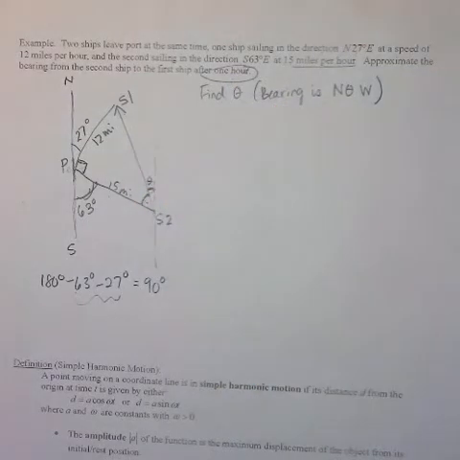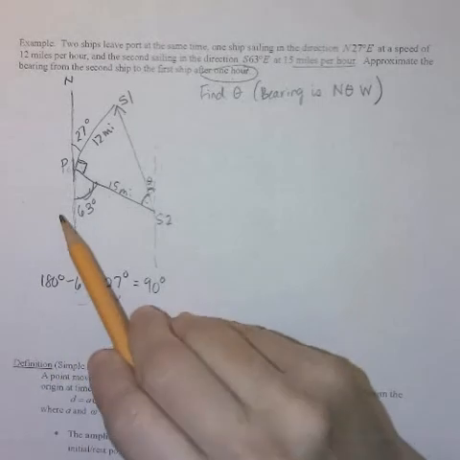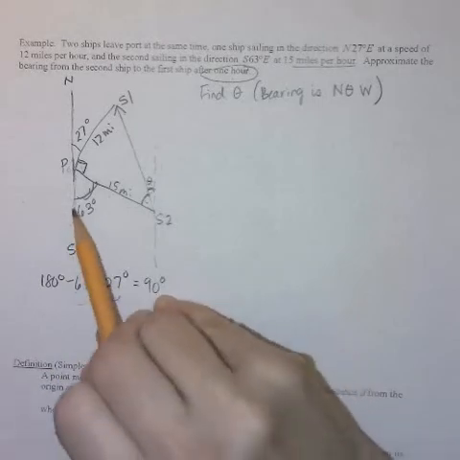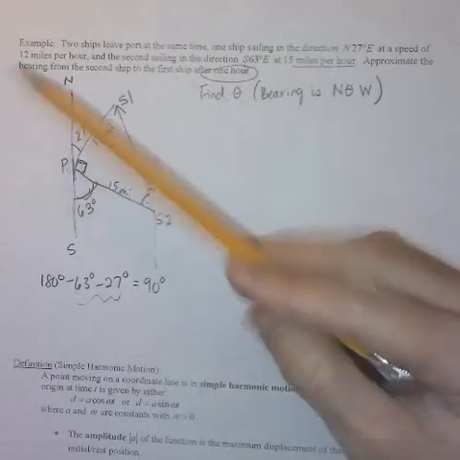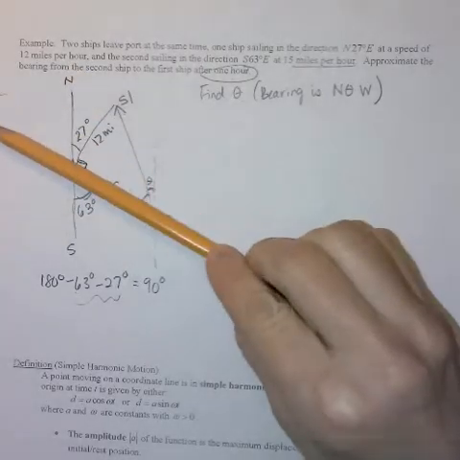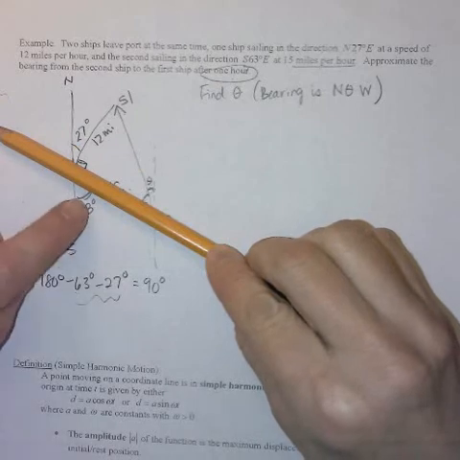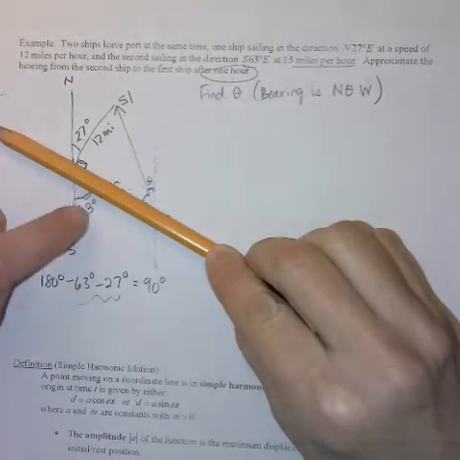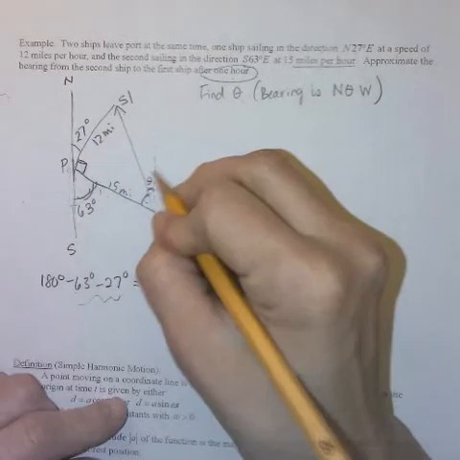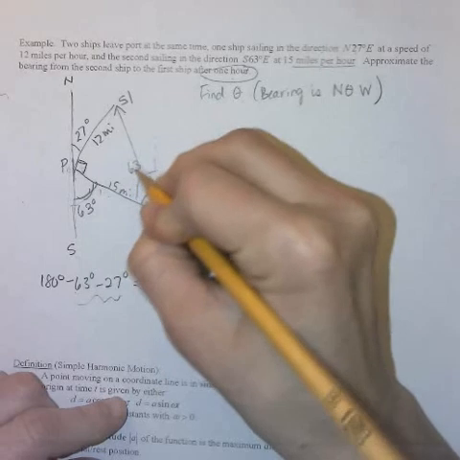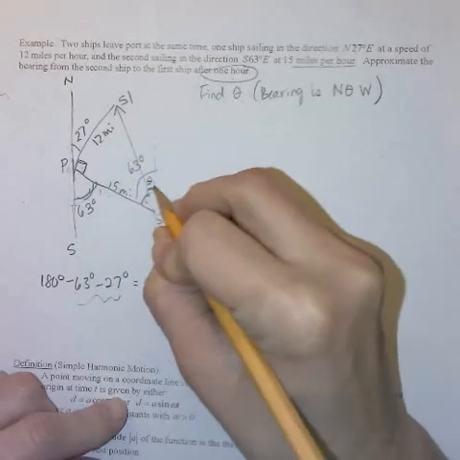So a couple things we need from geometry here is the fact that these are parallel lines. So when you take this line here, we know that alternate interior angles are equal. So in other words, this angle and this angle have the same measure. This is 63 degrees. So if we can find this angle, we can subtract to find theta.